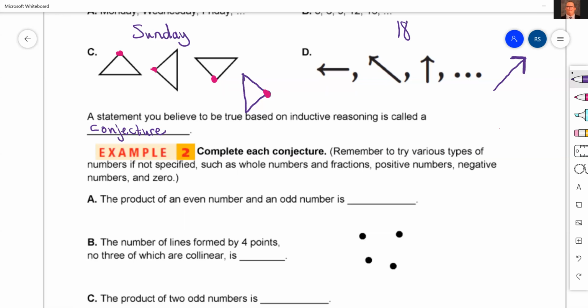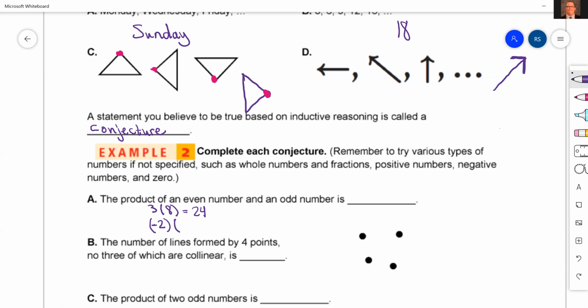So first, I'll try positive. So even and odd number. Let's do 3 times 8. Well, 3 times 8 is 24. Okay, what about -2?